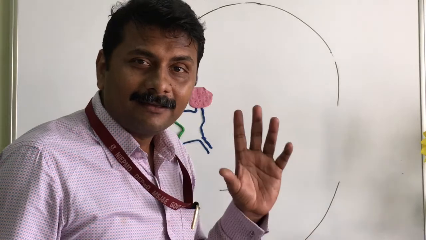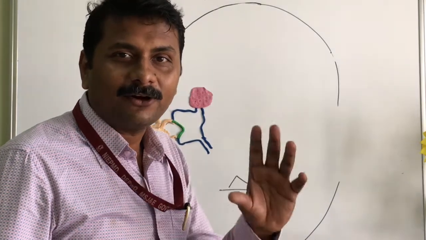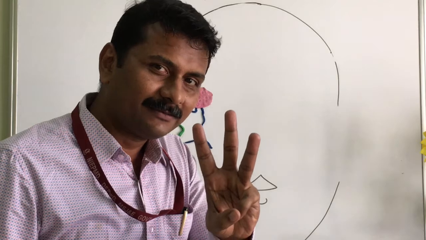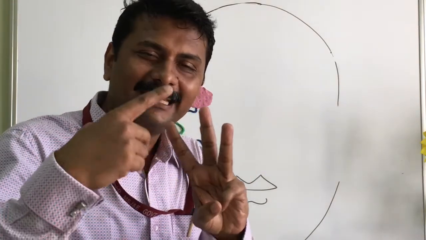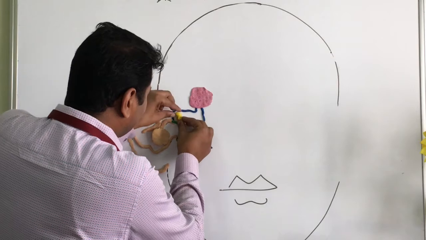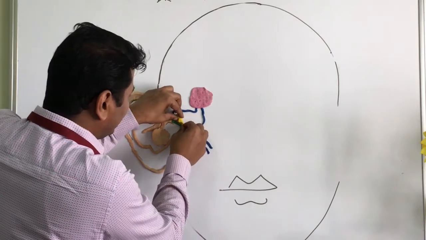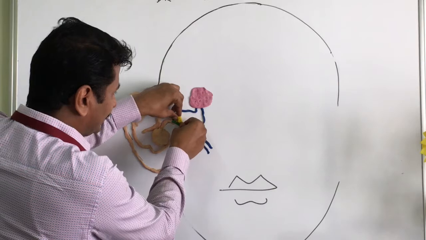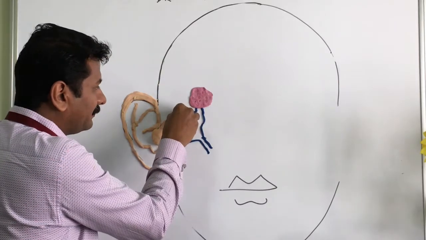The major structures in the middle ear include 3 bones, malleus, incus and stapes. This is the malleus, which gets connected to the tympanic membrane, head of the malleus.